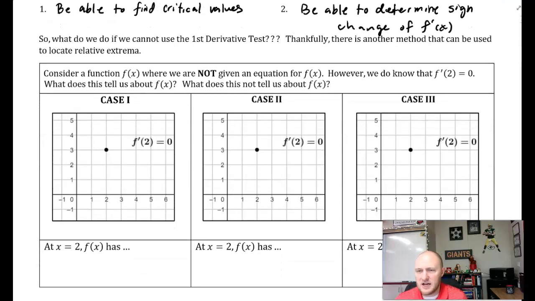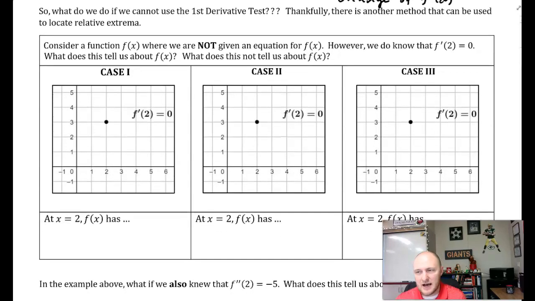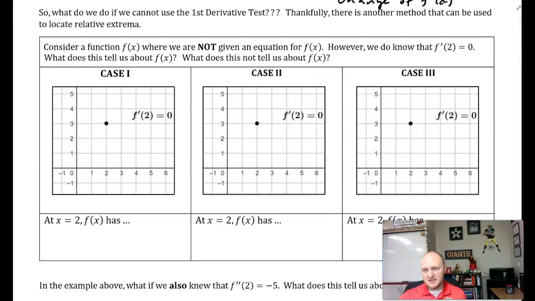So we're going to highlight the basic idea behind the second derivative test here. Consider the function f of x, where we are not given an equation. I don't know anything about the function. However, I do know that f prime of 2 is equal to 0, and you'll see that here. f prime of 2 is equal to 0 in all of these cases.